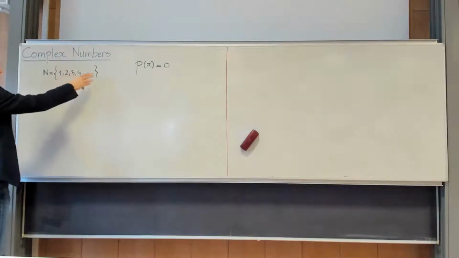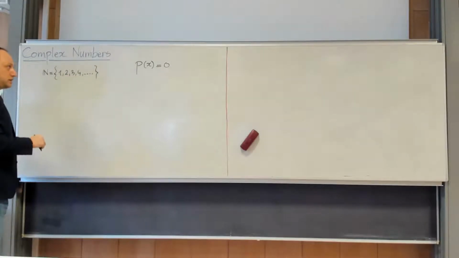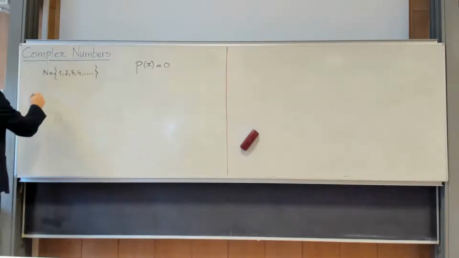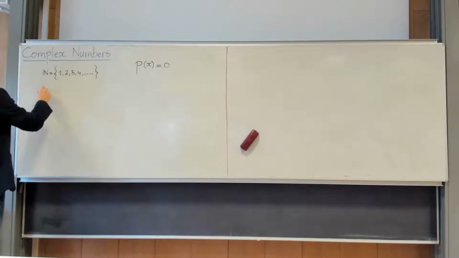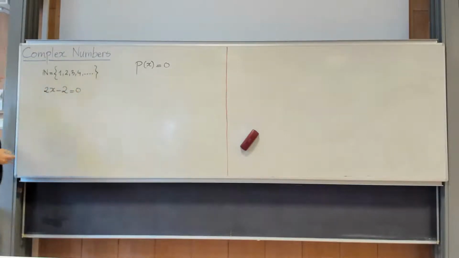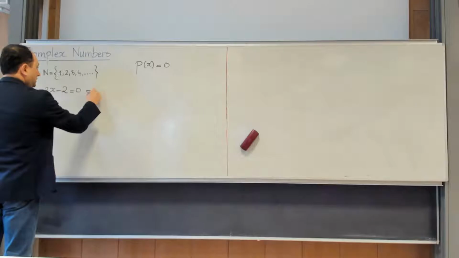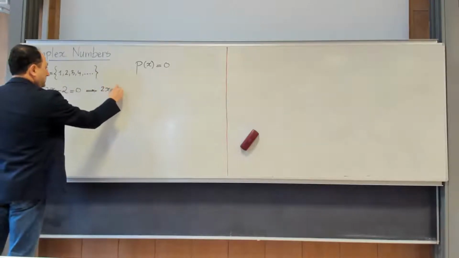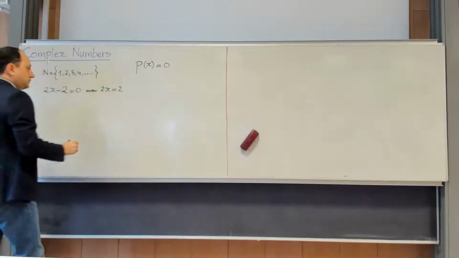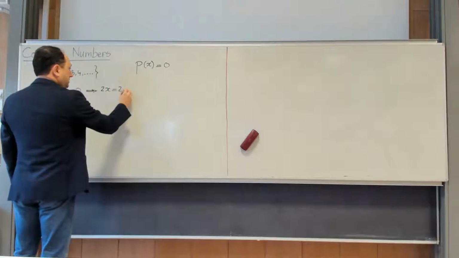If I want to solve some of these polynomial equations, what do I mean by that? I mean, for example, if I ask you to solve this equation, the answer is already in this set. I want to make the examples as simple as possible because I want you to understand what is going on.